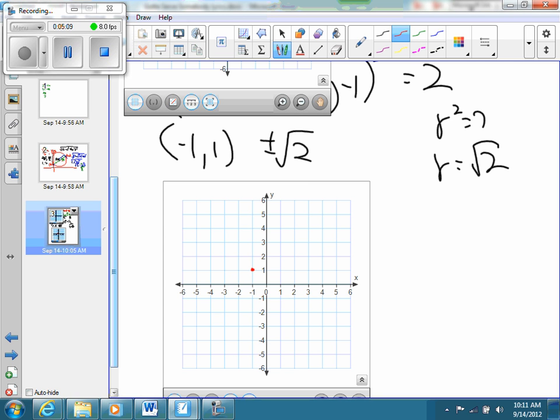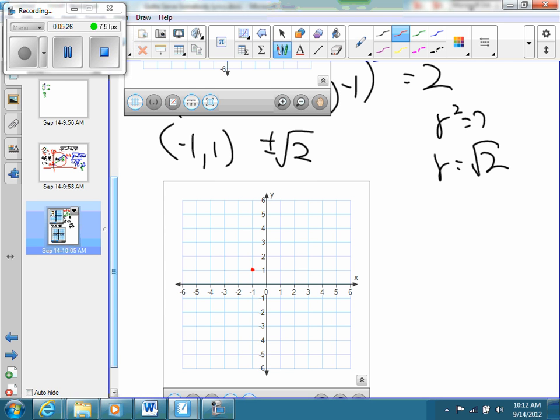And I know my radius is the square root of 2. What is that equal to approximately? About 1.4, right? So in my mind, I'm just going to think 1.5. I'm not asking for perfection here, I'm just trying to get close.